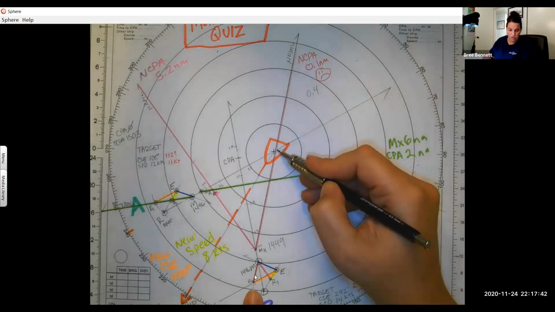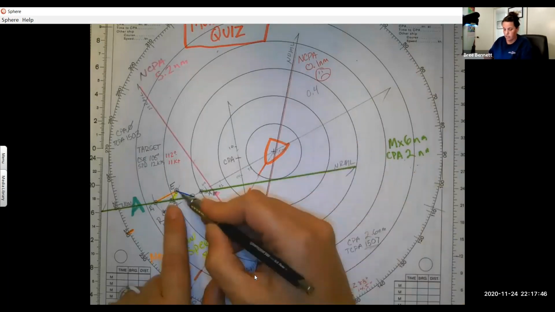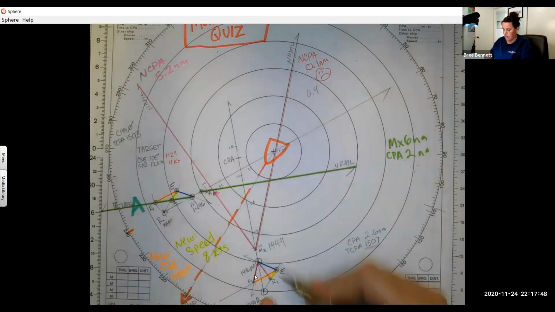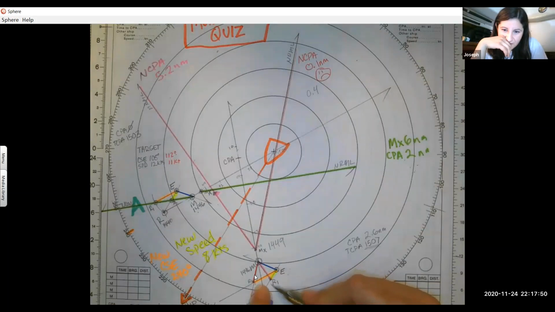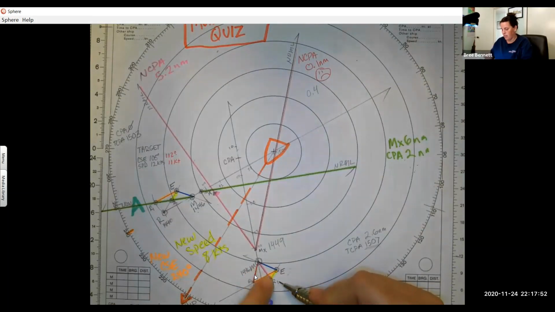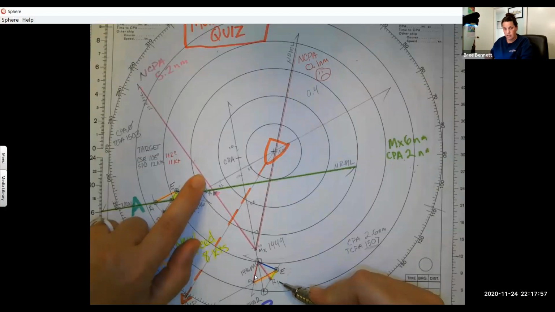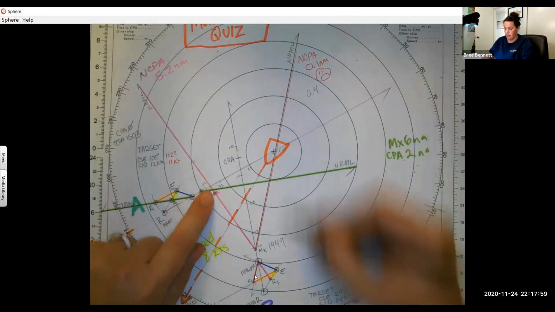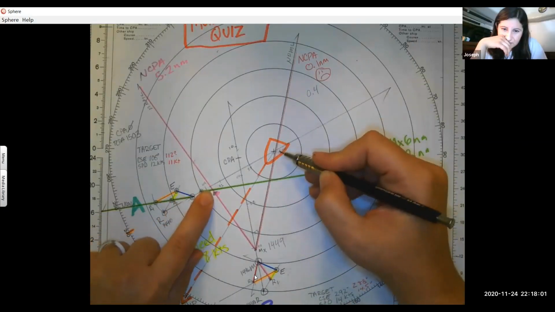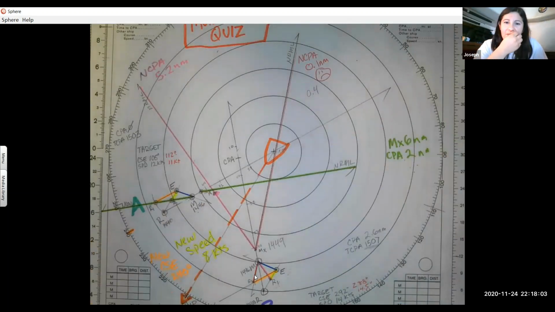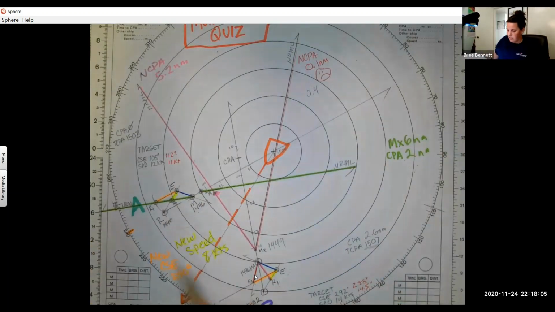Cool. Then what will be the new CPA if you do a speed reduction? So you do a new E to R prime, that gives us R prime to M, this pink line, as our new relative motion line. So that looks way better than this one. Yeah. So that speed reduction is going to be our option to choose.